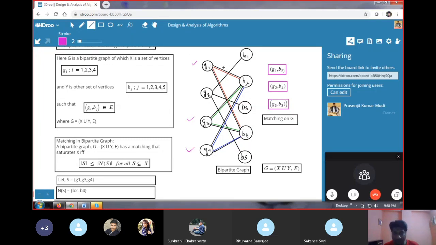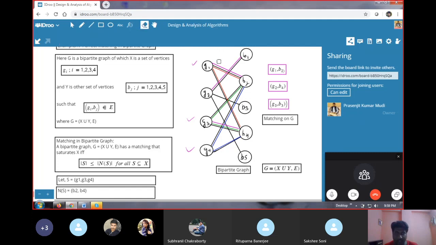So G1, B2 and B4. Let's assume G1 and B2 are matched. Then G2 and B1, it's obvious because B1 is connected with only one girl, G2. Then G3, B2 and B4, so the option is G3, B4. And G4 is either B2 or B4. So it's not possible.